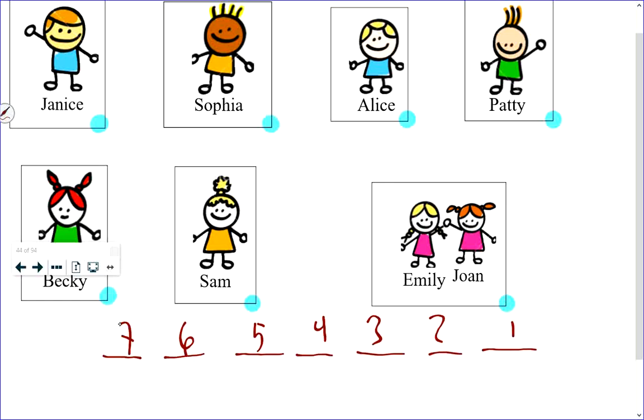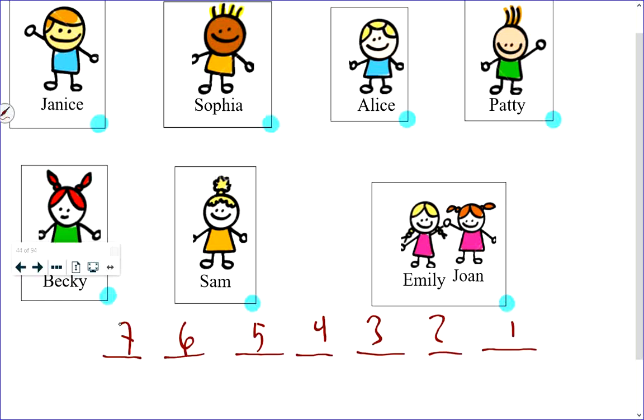You have one more decision to make. You have to decide which of these 7 goes in the first, which of the remaining 6 goes in the next, etc. But then at the end, you have one more decision to make. Marcel? Whether Emily is on the left or right. Right. We have to arrange Joan and Emily.